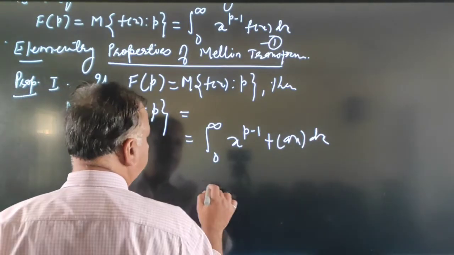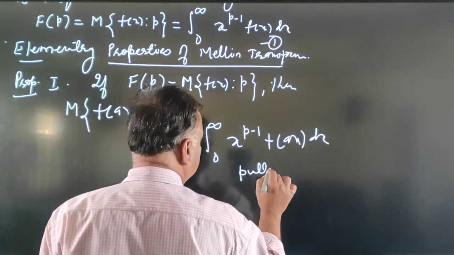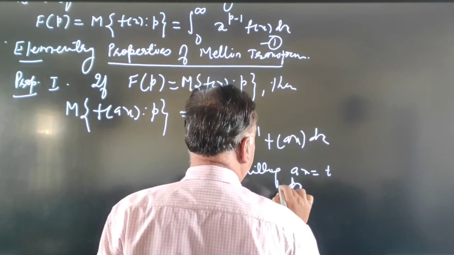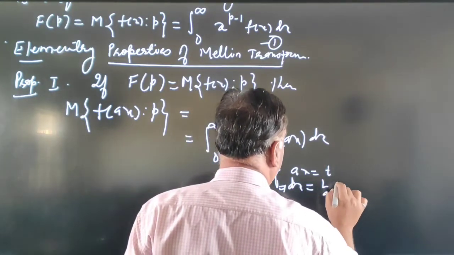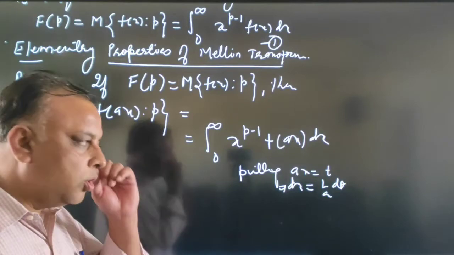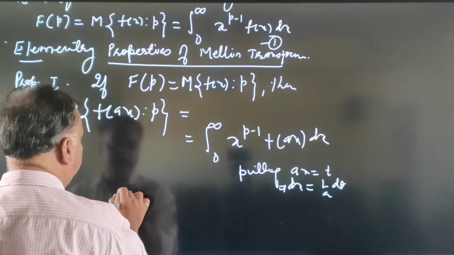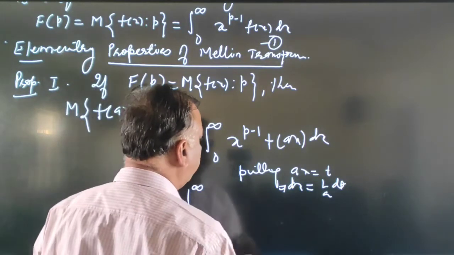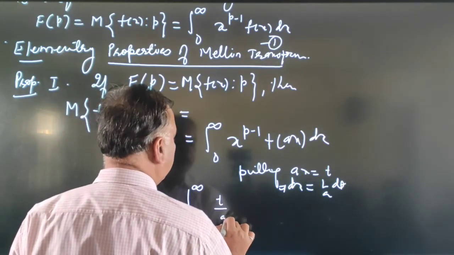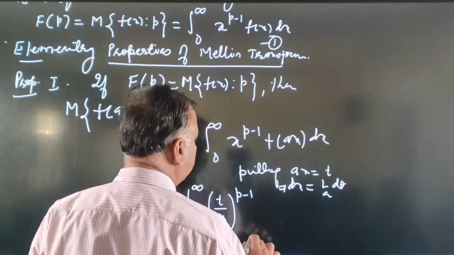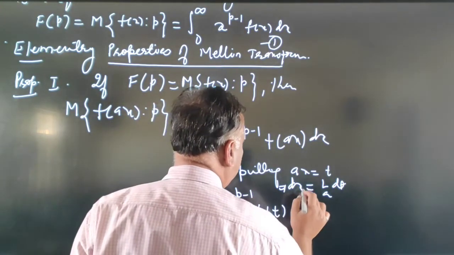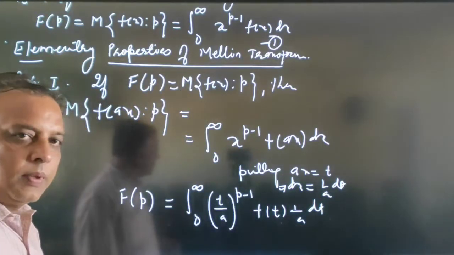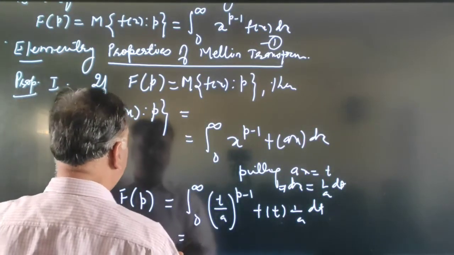If we put ax equal to t, then dx equals 1 upon a dt. Putting these values in, we get the integral from 0 to infinity of (t upon a) raised to p minus 1 times f(t) times 1 upon a dt.